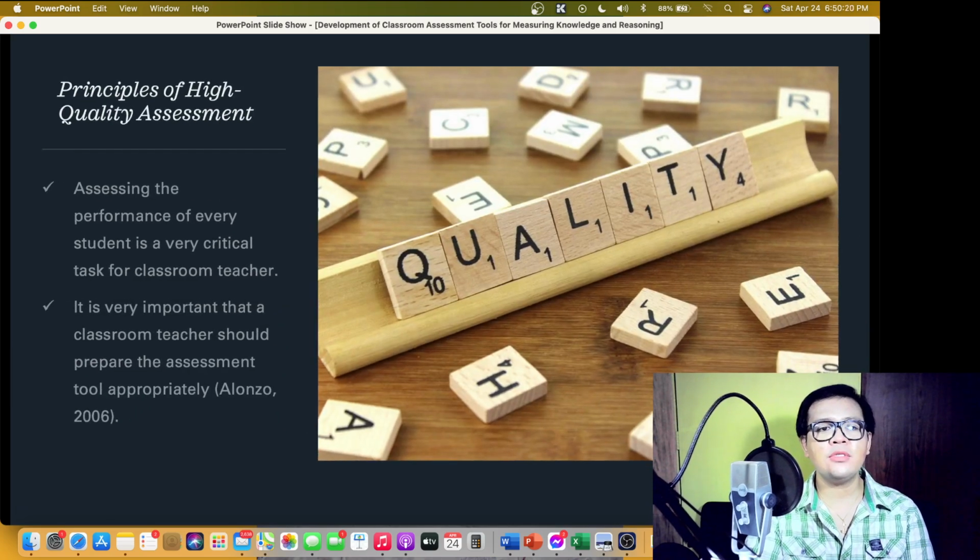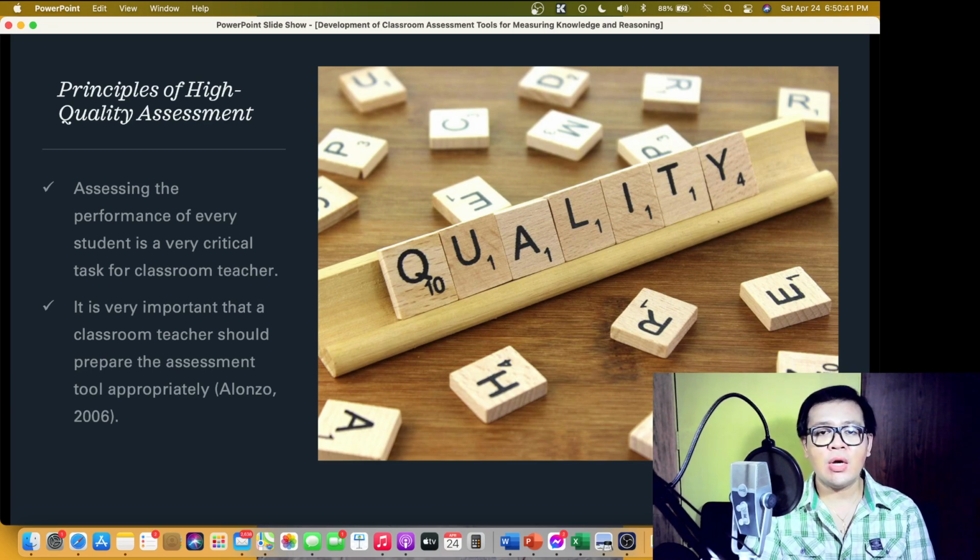So, principles of high quality assessment. First, assessing the performance of every student is a very critical task for the classroom teacher. It is important that the classroom teacher prepare the assessment tool appropriately, according to Alonso of 2006. So, the teacher should always be prepared.